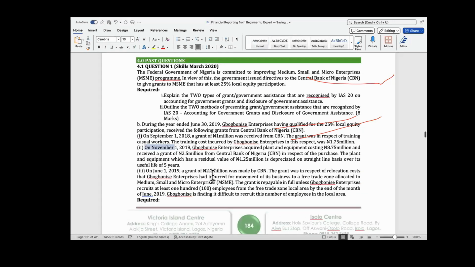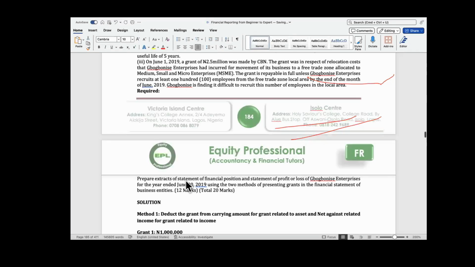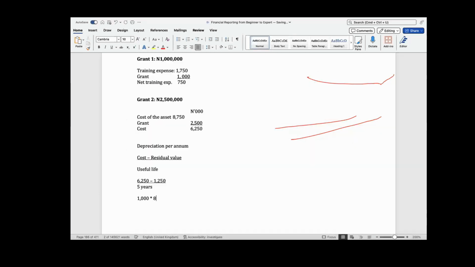So this depreciation is for 1 year, whereas the asset has only been in existence for November, December, January, February, March, April, May, June. Just 8 months. So if we prorate that, 8 over 12, how much does that give us?